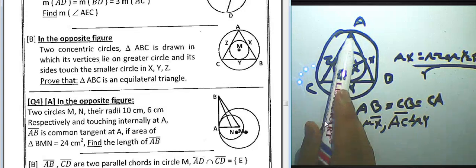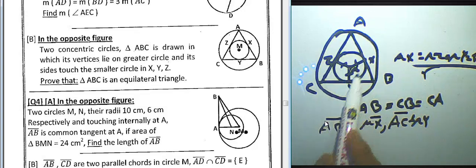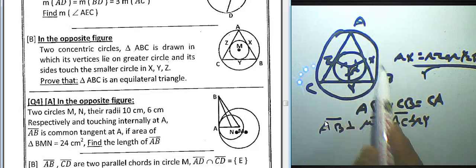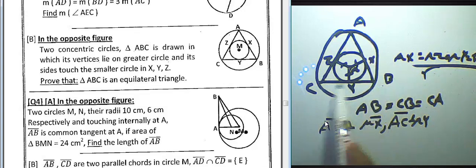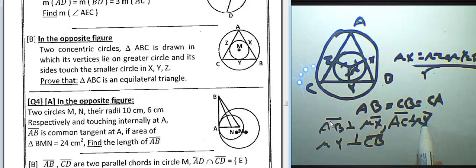Because it's a tangent: AC is tangent to the smaller circle, and AB is tangent to the smaller circle, and CB is tangent at Y. Then MY will be perpendicular to CB, and AC perpendicular to MZ. Then AB equals BC equals CA, so triangle ABC is equilateral.